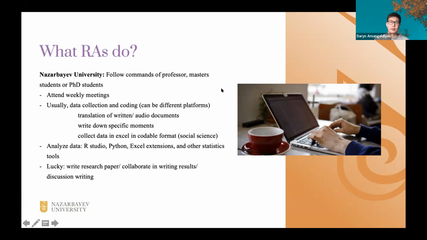So data collection is a very broad term, but at our university we have research assistant positions from different majors, from different fields. I'll try to be more general and stick to a general explanation that can be related to all majors. Mainly, you have particular data, and we have to analyze it.